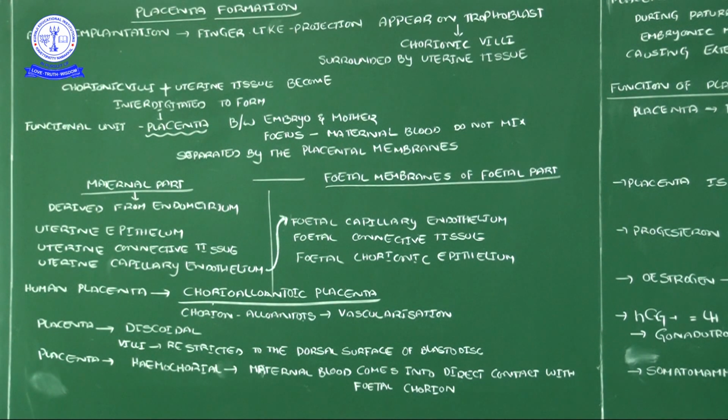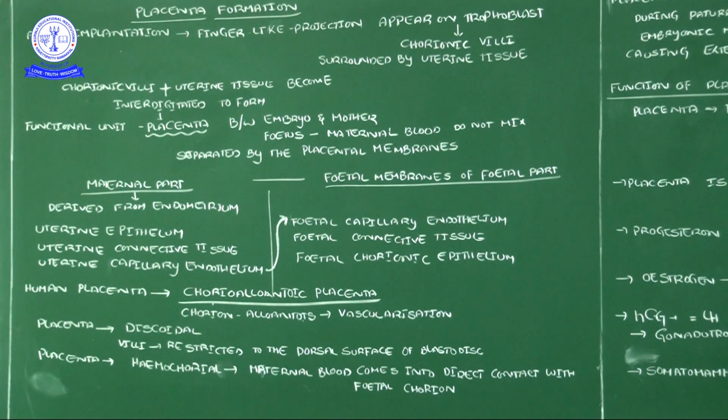But here the structure is in the form of a disc. For clarity, when you are free, check images of the discoidal human placenta on the internet. It is a placenta in the form of a disc. Placenta differs from the umbilical cord. The umbilical cord is a thread-like structure.